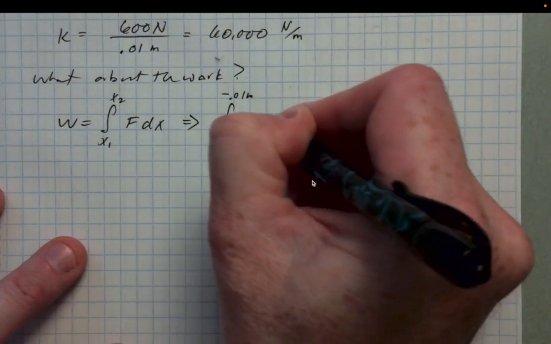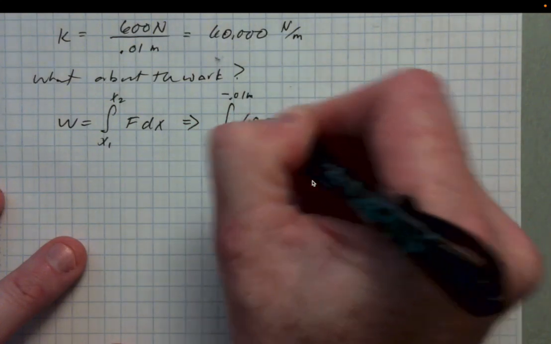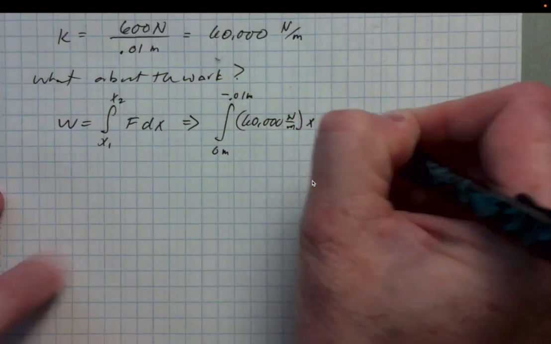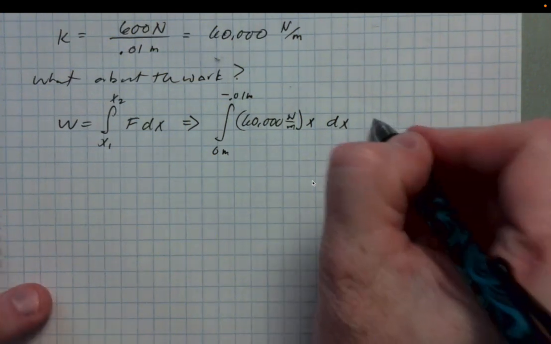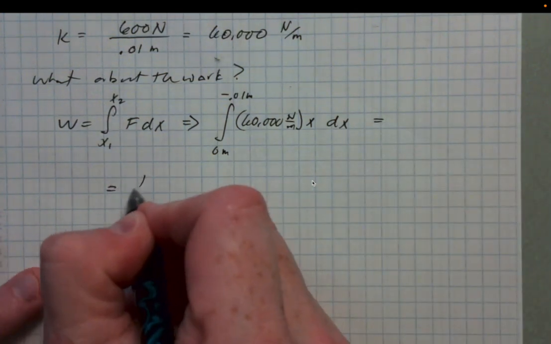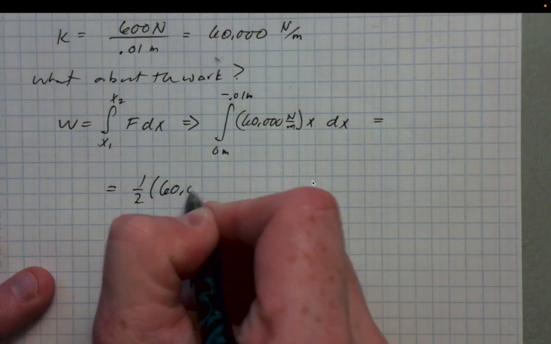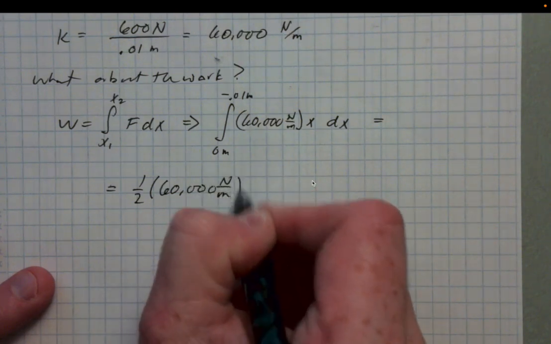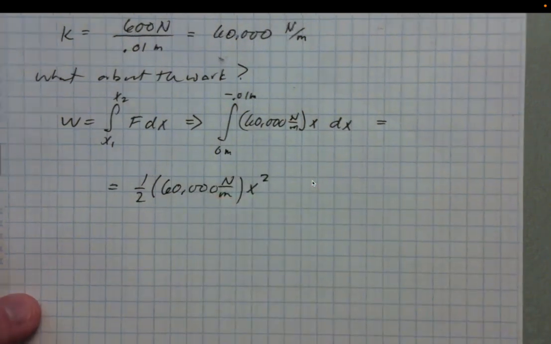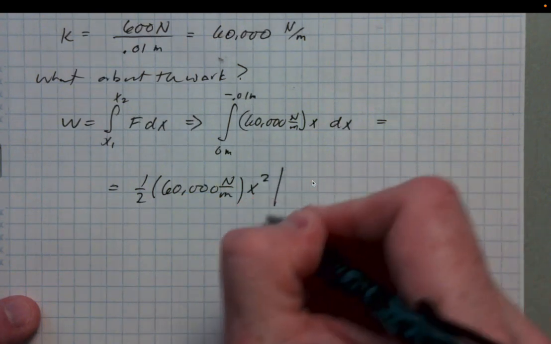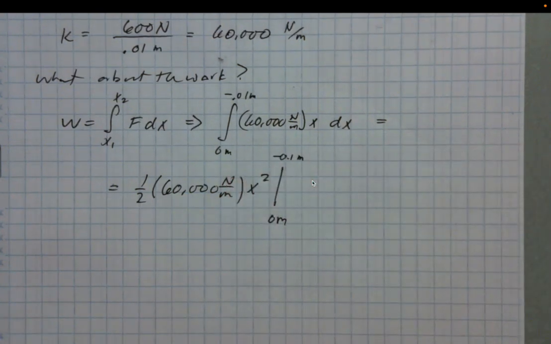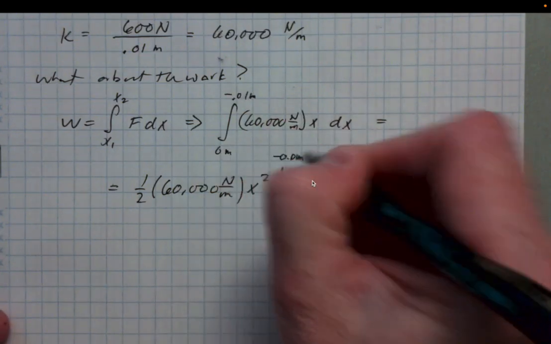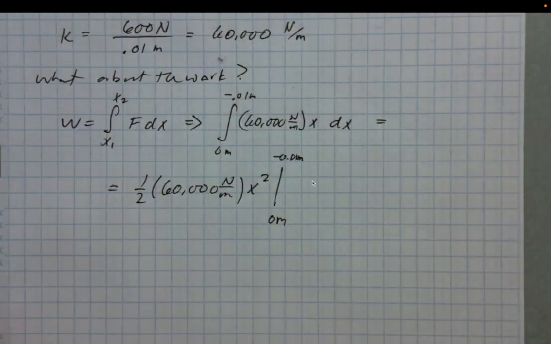So 60,000 x dx, so it looks like this, right? Okay, and so then we can integrate this. So we get 1/2 times 60,000 newtons per meter times x squared, right? And that's going to go from 0 meters up to negative 0.01 meters. Sorry about that, 0.01, yeah.